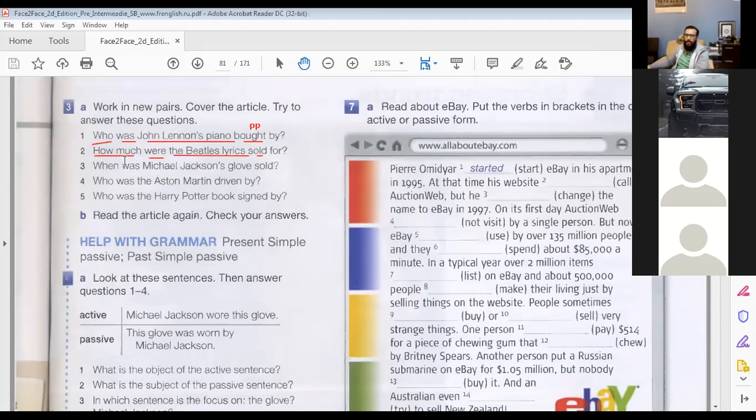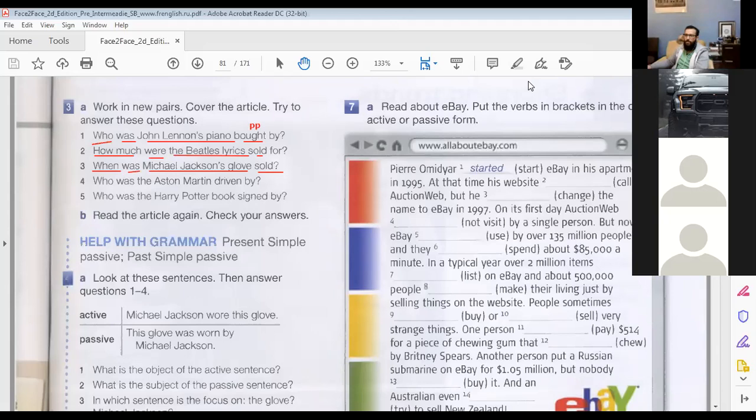Let's see if it's the same in number 2. So we have question word, we have verb to be, was or were, we have the subject, the Beatles lyrics, and we have past participle. Let's check one last time. So we have question word, we have the verb to be, was, Michael Jackson's glove, the subject, sold, past participle. So it's the same for all of them, right? So this is how we can make a question using the passive.